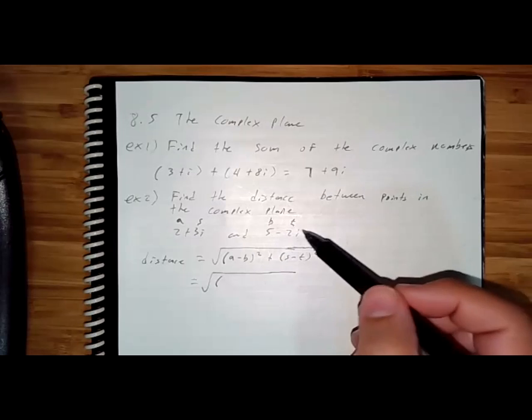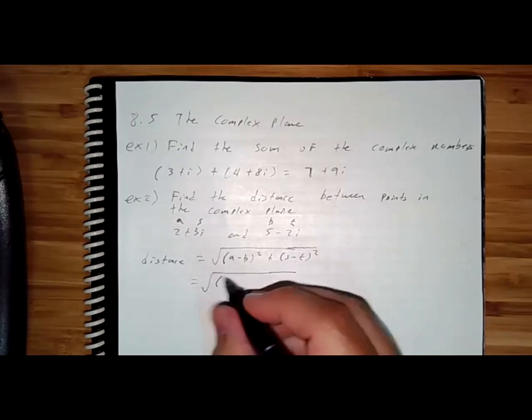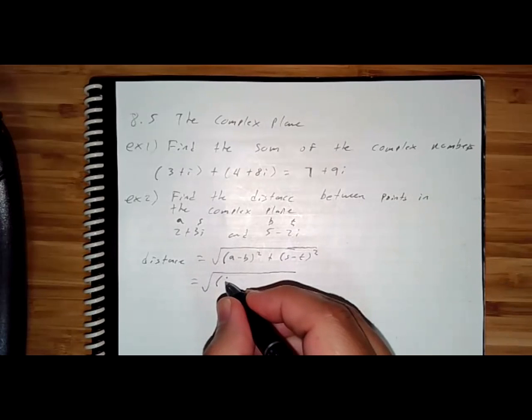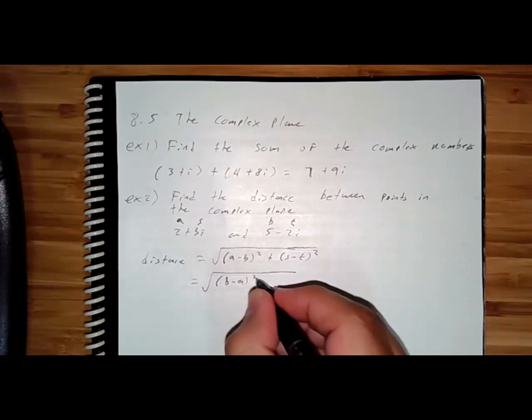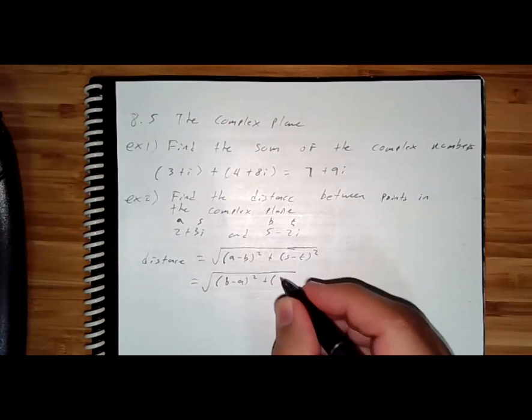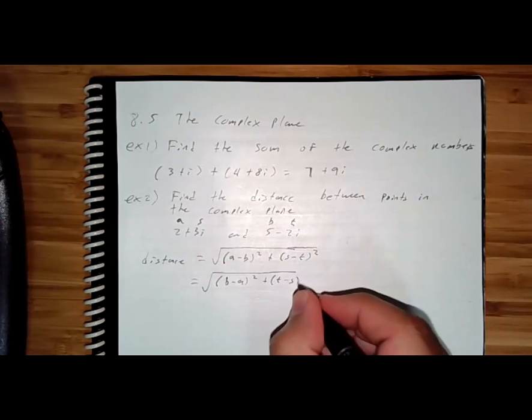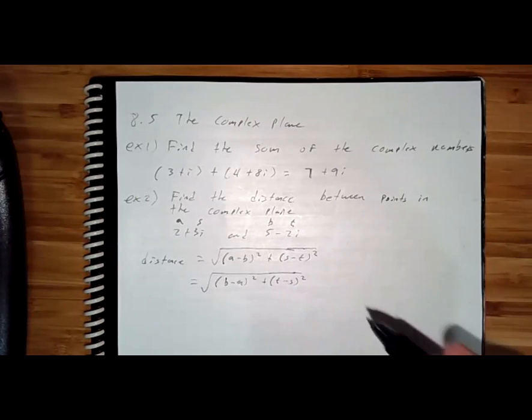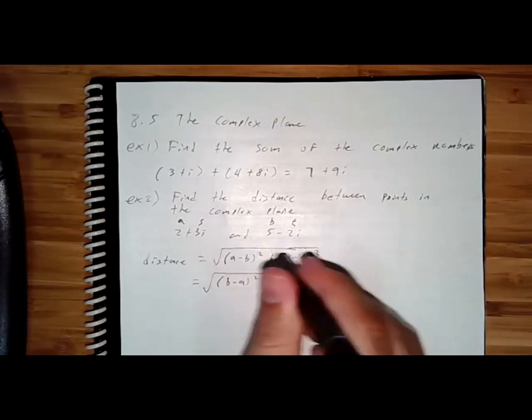Yeah, it's the second minus the first. So B minus A plus T minus S. Yeah, so this first one was wrong.